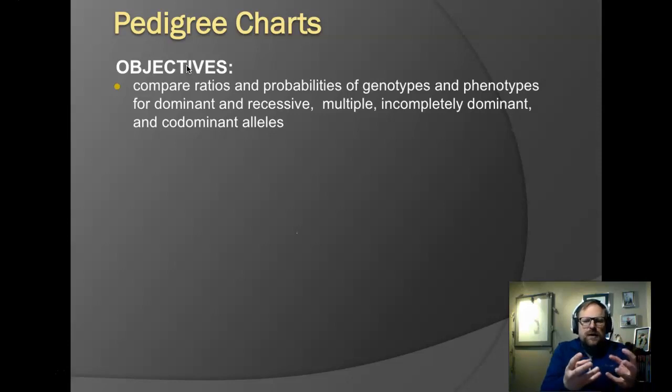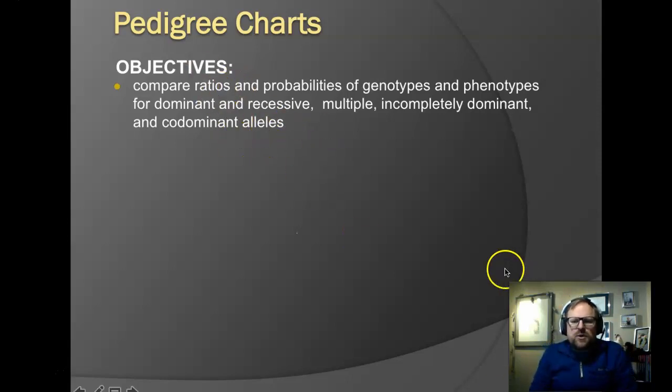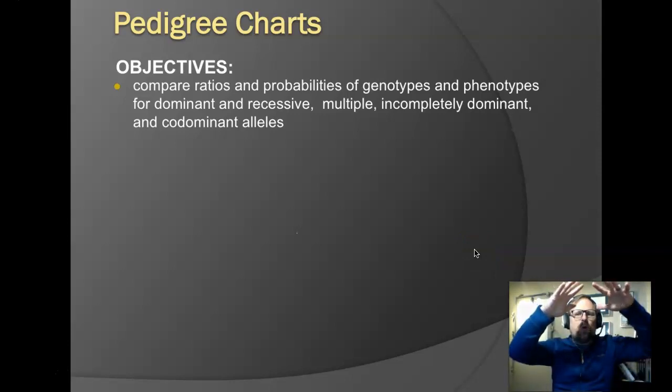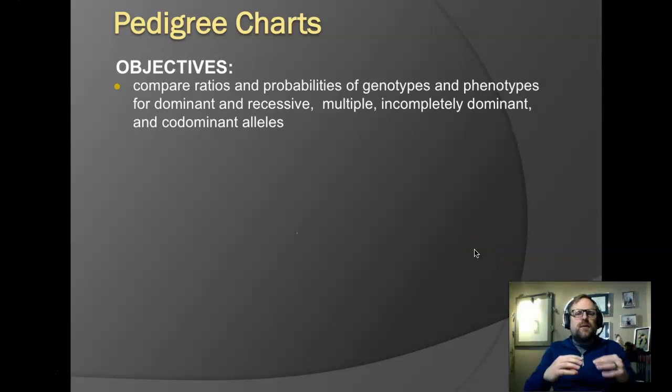It's a tool. It helps people who study heredity and genetics to understand how things are passed from one generation to the next. And in particular, a pedigree chart is really valuable for us to work our way through a whole family tree of individuals and sort out where traits move through within that family.